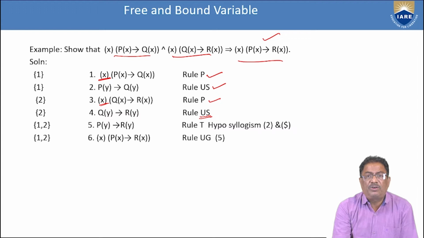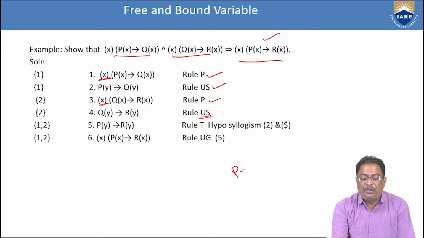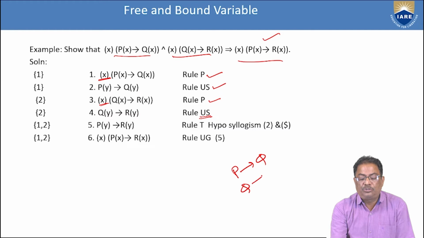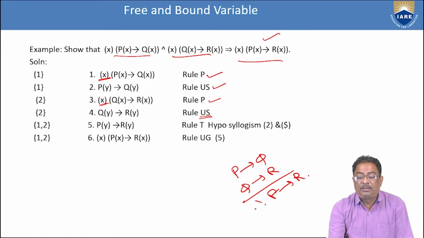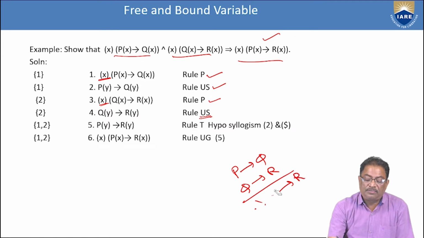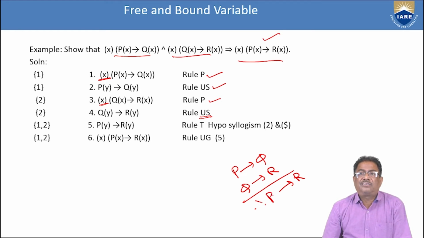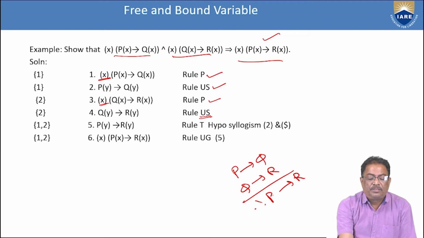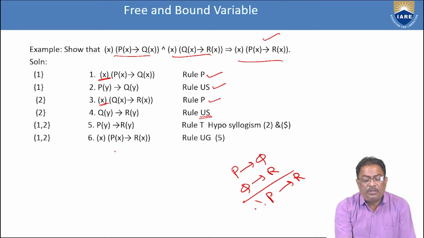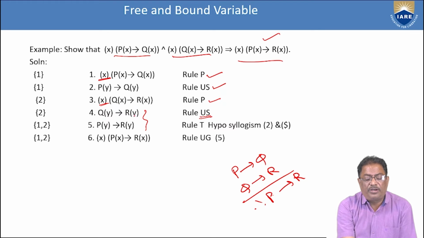So this is just of the form P to Q and Q to R. Therefore both are true. Then automatically P to R is also true. So applying that formula, this is a hypothetical syllogism. Then we are going to get P of x to R of x. Just combining these two, P of y to Q of y, and Q of y to R of y.